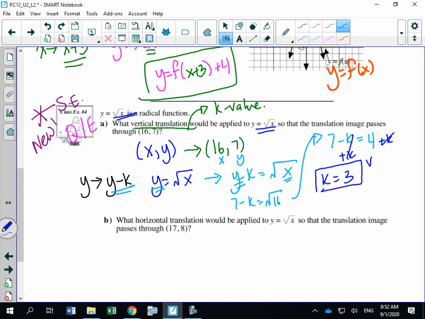And this is a vertical translation, 3 units up. So you want to tell me what the k value is. You want to tell me what the vertical translation 3 units up would be. And then my new equation would be y is equal to the square root of x plus 3. Okay, and that would be my new equation.